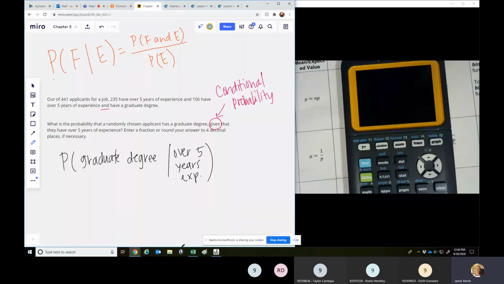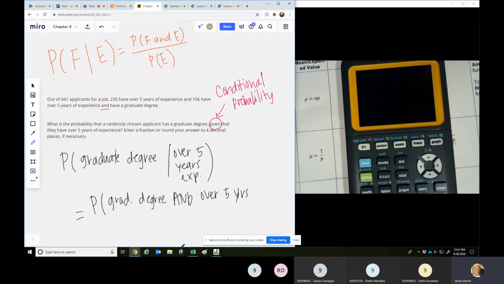All right, so we're going to follow the outline of this formula. So probability of F given E. Ours is graduate degree, so F is graduate degree, and E is over 5 years experience. So that's going to be equal to probability of F and E, so probability of graduate degree and over 5 years experience.